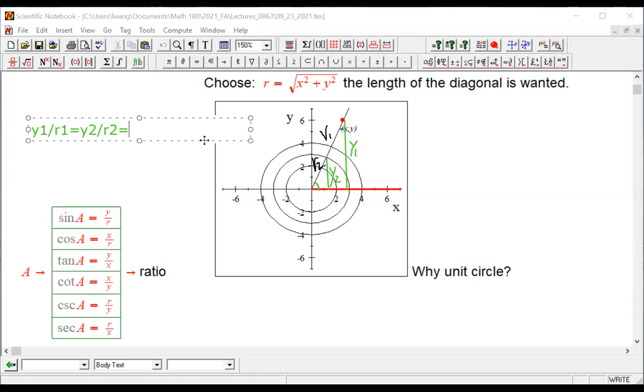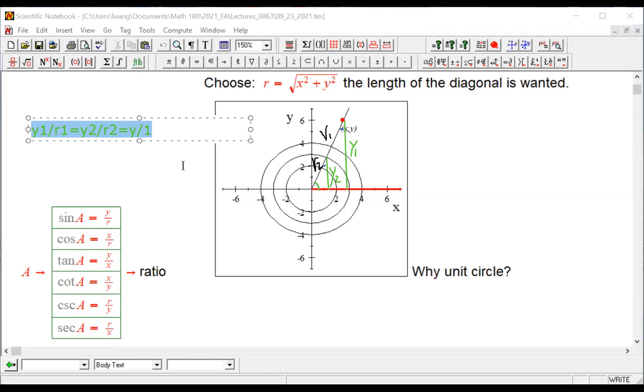So for this reason, if I choose the unit circle, what does it mean, unit circle? Unit circle's radius is 1, okay? So on the unit circle, suppose I have a Y and the radius is R, but the R is 1. All of these ratios and many more you can create would be the same. Do you guys follow me?